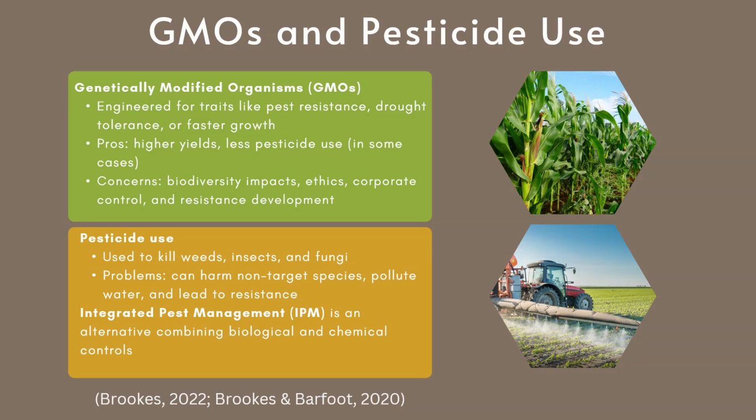Pesticides include herbicides, insecticides, and fungicides that are used to control weeds, insects, and fungal diseases that threaten crops. While they can protect food supplies and prevent major agricultural losses, they also come with some significant environmental and ecological drawbacks. Many chemicals don't target just one pest. They can also harm beneficial species such as pollinators.